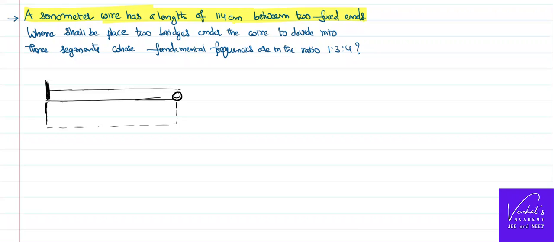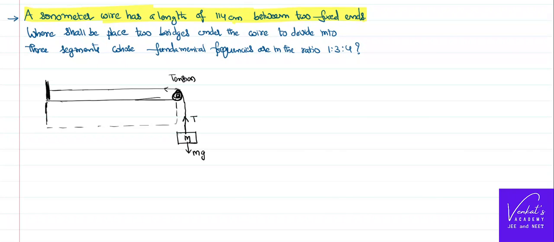At the end of that, there will be a pulley, and the wire will slip over the pulley. At the bottom, we apply a load, mass M. So the load mg acts in the downward direction, and in the string a kind of tension is generated.